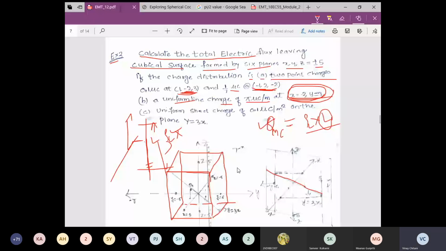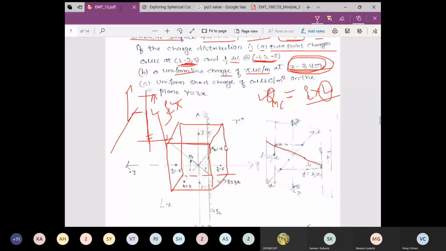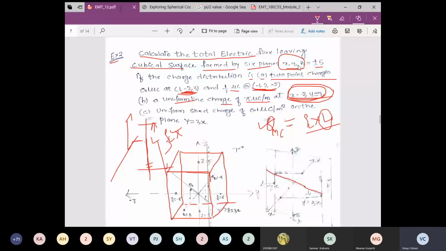You should guess it by looking at these coordinates. The height above and below the XY plane is decided by which coordinate? It is Z, yes or no?